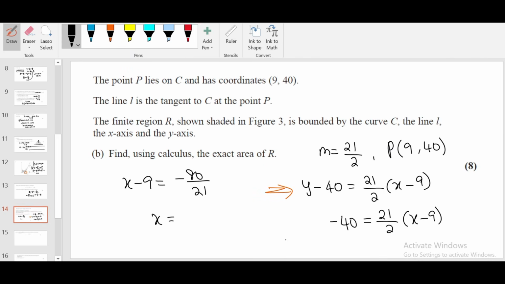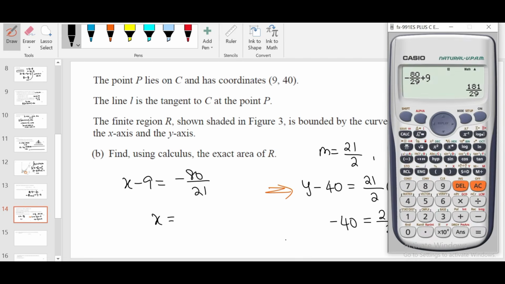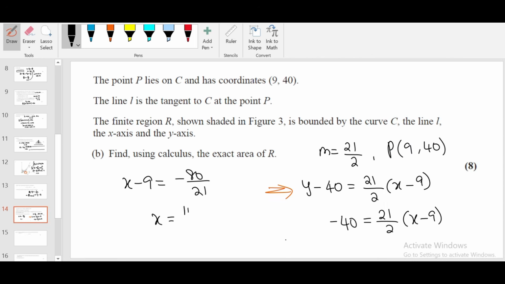That's correct. y minus y1 is slope times x minus x1. So when you replace y by 0, minus 40 is equal to this. Bring this here, 40 times 2, minus 80 by 21 plus 9. The answer is 109 over 21.